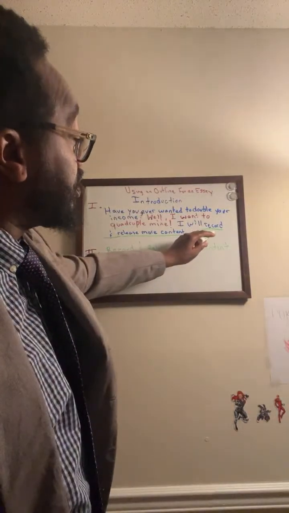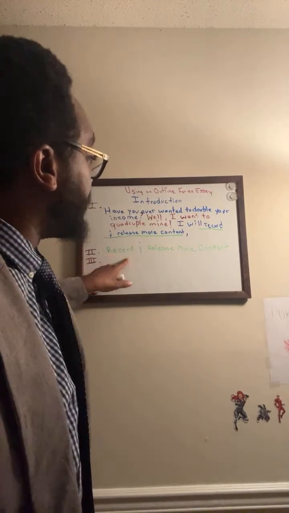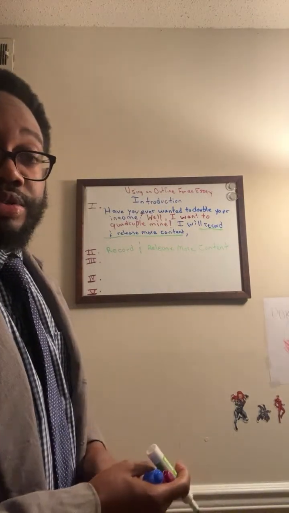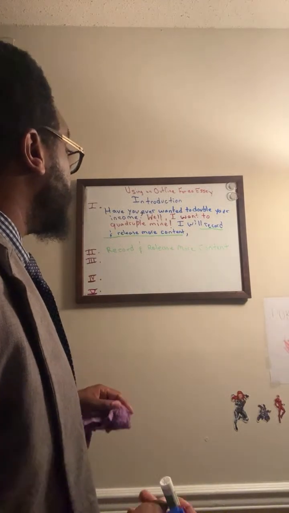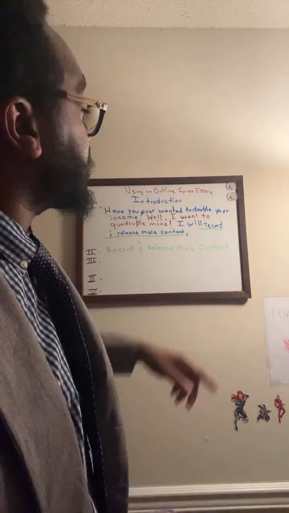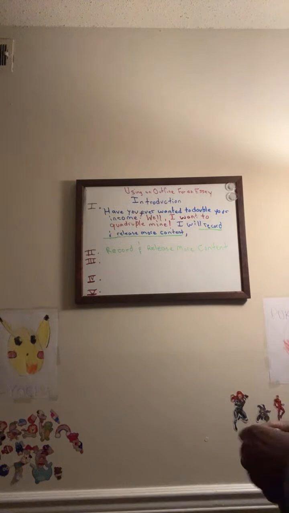Whatever you wrote for your first thing in your thesis statement, go to Roman numeral 2 and copy it right there. Now I need to put 2 other ways that I would double my income. Okay, record and release more content. That'll help me double my income. Let me see.